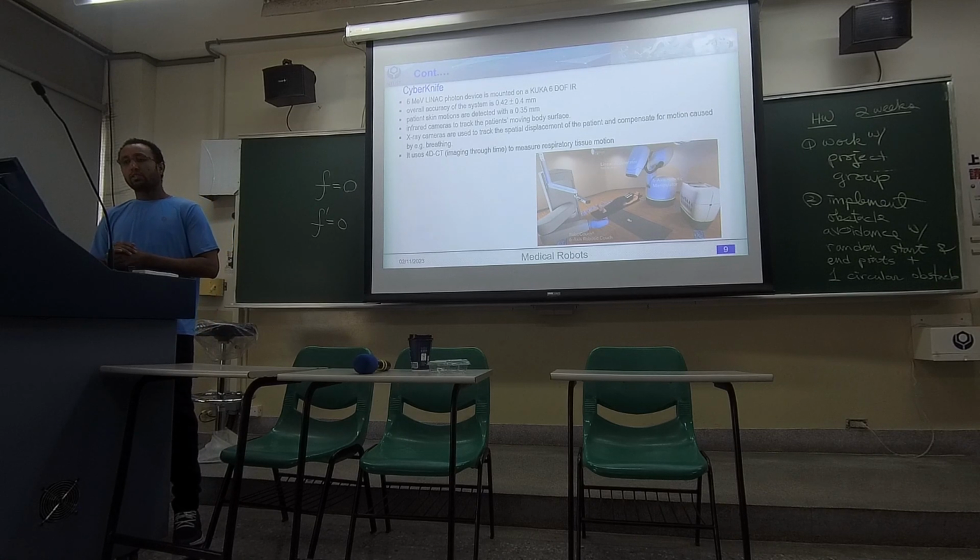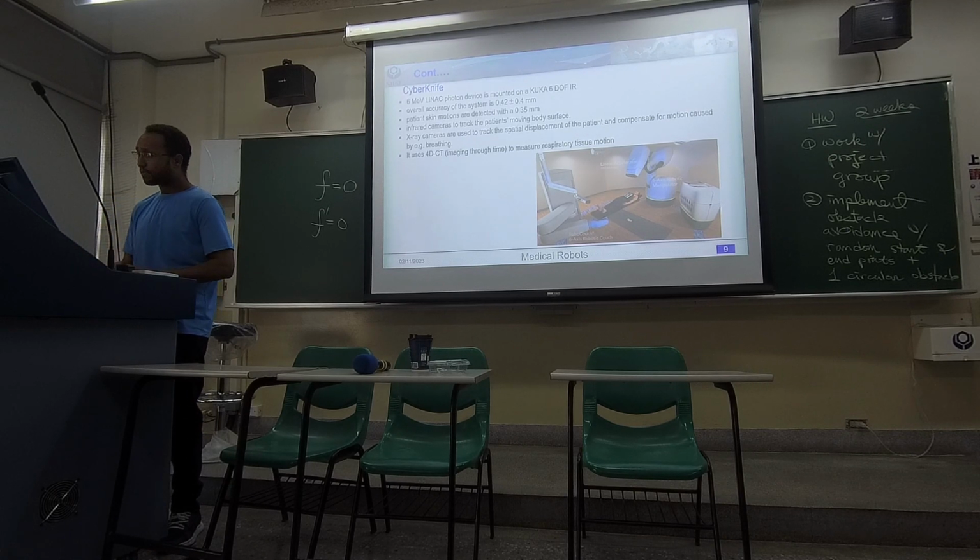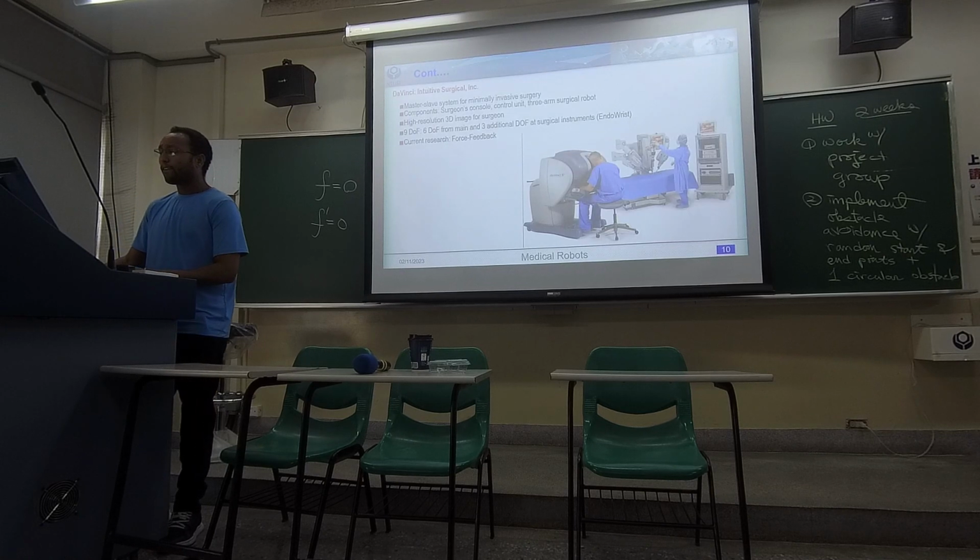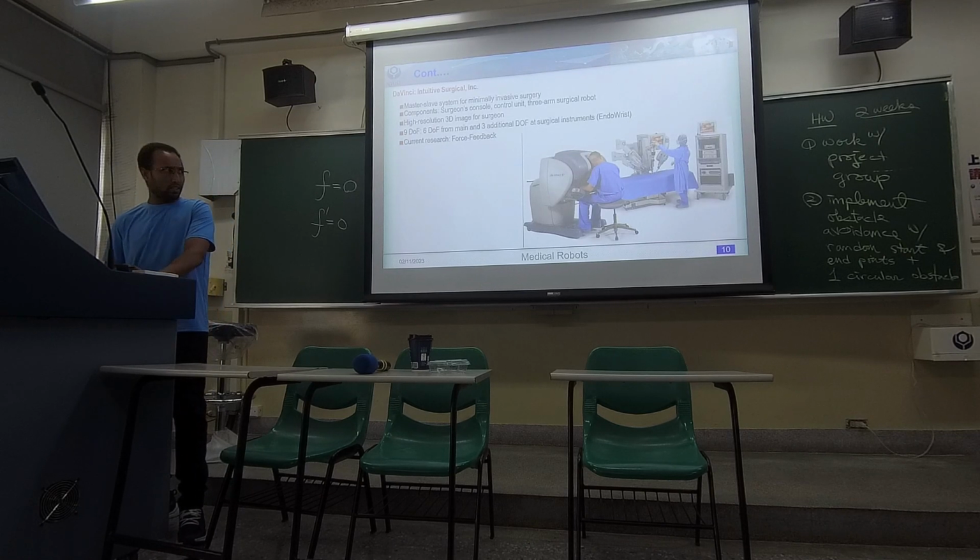So it uses 4D CT, or computer-aided tomography imaging through time, to measure respiratory tissue motion. The other most common surgical robot is the Da Vinci, which is developed by Intuitive Surgical. It has a master-slave system for minimally invasive surgery.